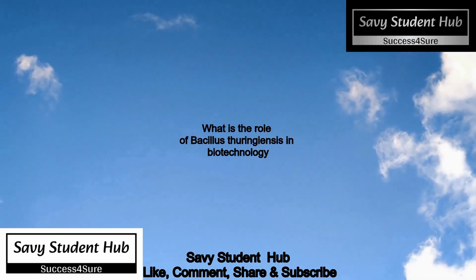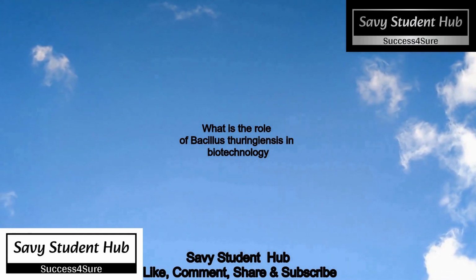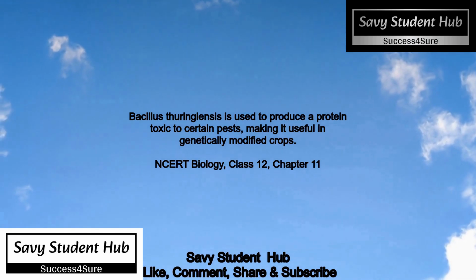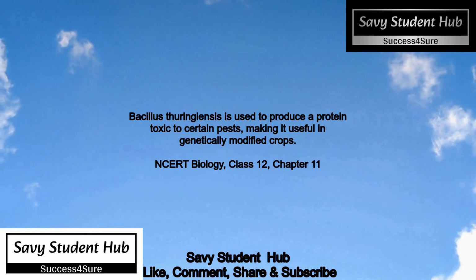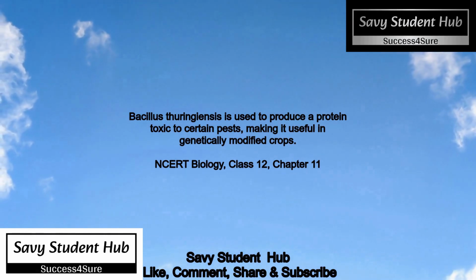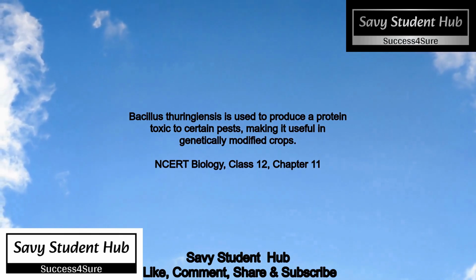What is the role of Bacillus thuringiensis in biotechnology? Bacillus thuringiensis is used to produce a protein toxic to certain pests, making it useful in genetically modified crops.